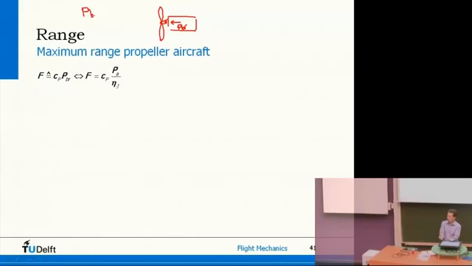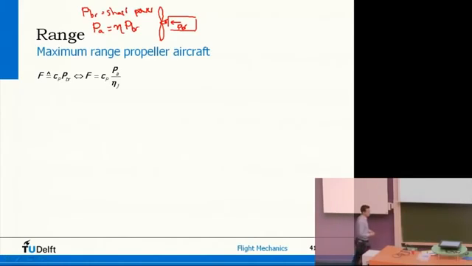So it doesn't matter how it's delivered to the propeller, but it's delivered to the propeller. And the propeller actually accelerates air. So the power you have available is some kind of efficiency multiplied with the shaft power. Now the reason it's called PBR is because the term comes from brake power. In the old days they used to apply a brake to a shaft to measure how much power it delivers.